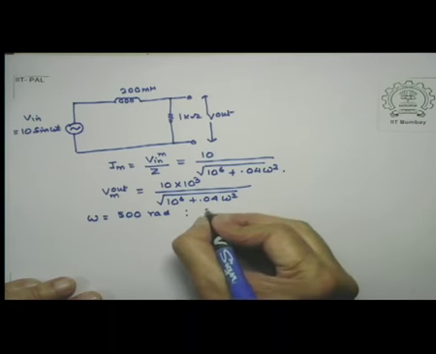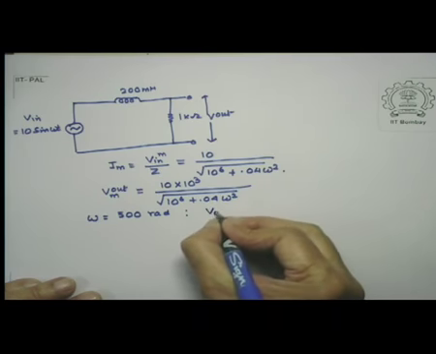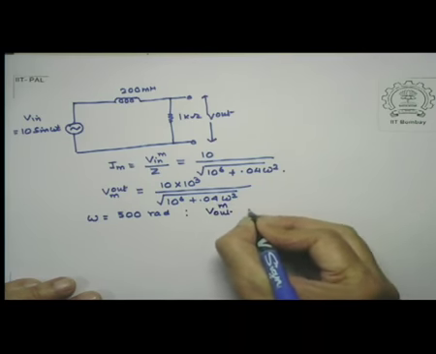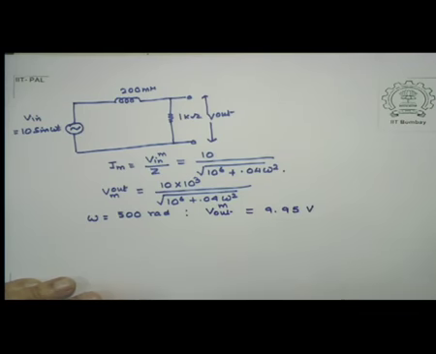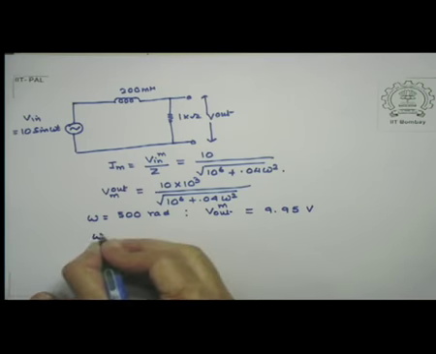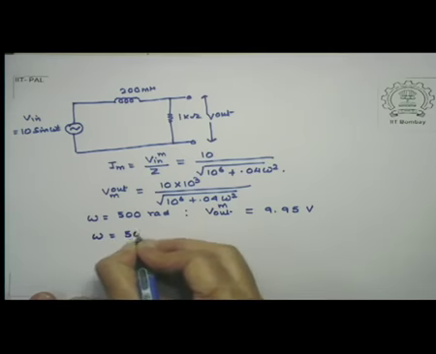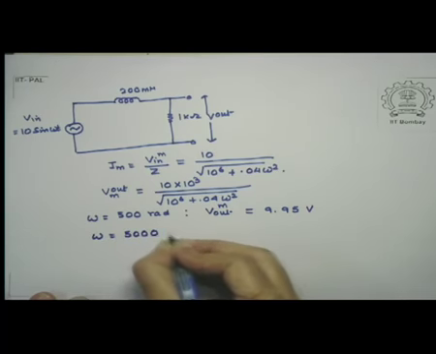You find V out maximum works out to 9.95 volts. Now let me make omega 10 times larger, so 5000 radians per second.